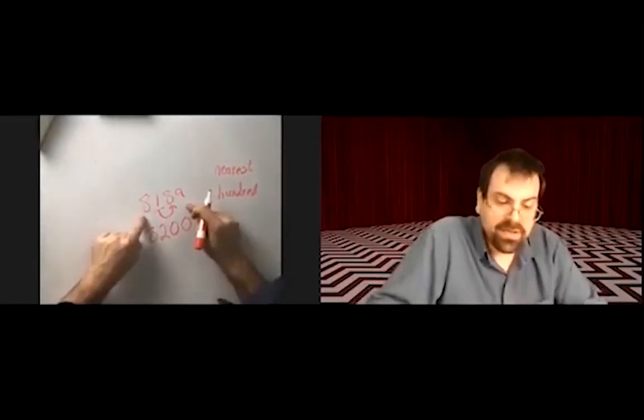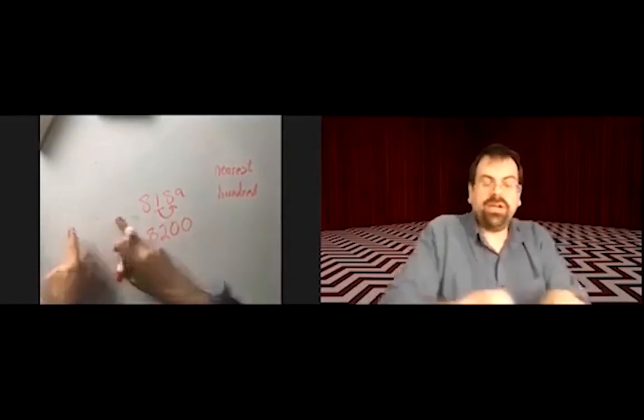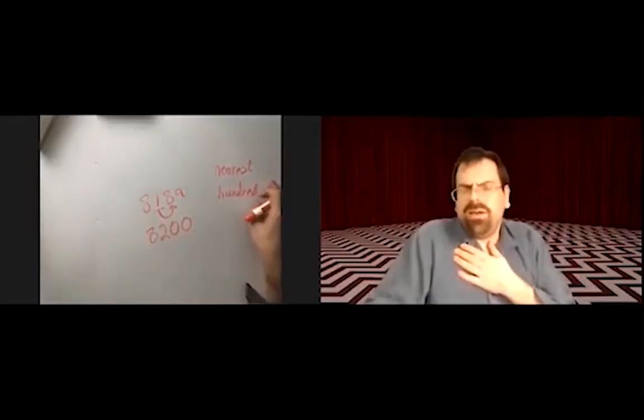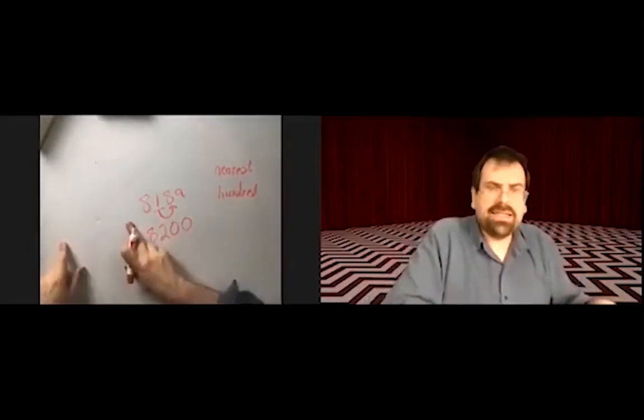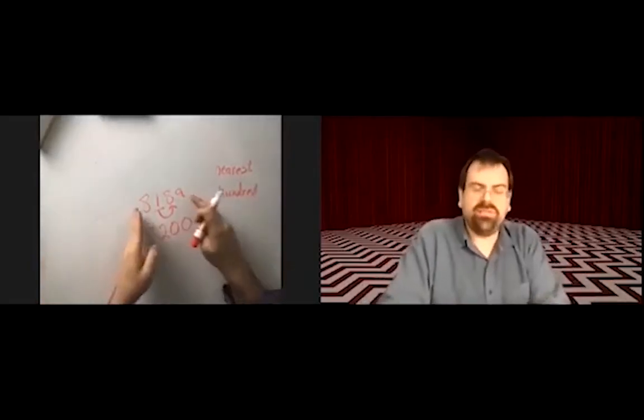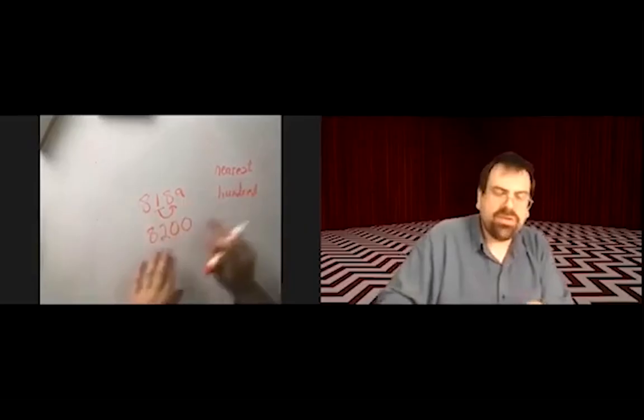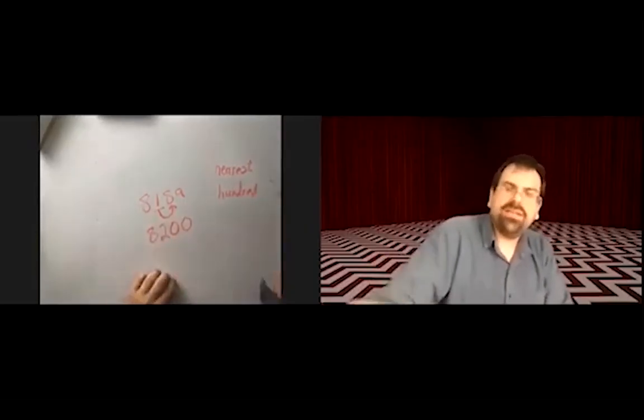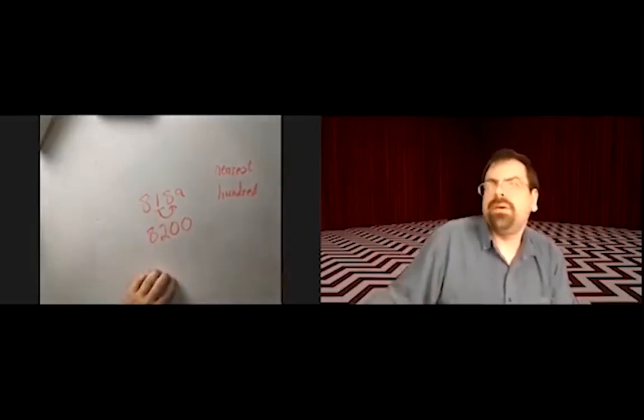This would be between 8,100 and 8,200, and we don't say that way. What did we learn last time? 8,100, 8,200. This would definitely be closer to 8,200. 8,200 is the nearest 100.